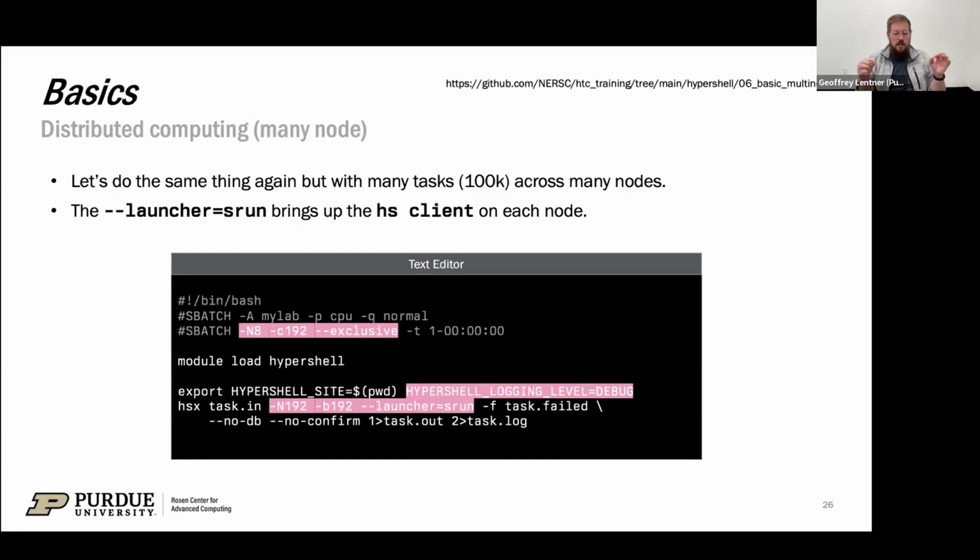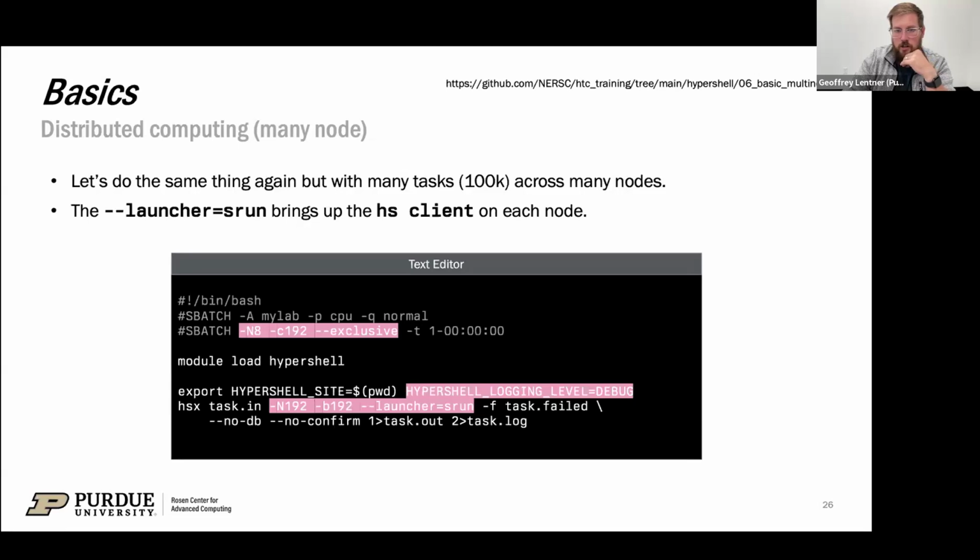In our case, our clients are a world unto themselves, and they don't necessarily communicate back to the server for every event that happens in the system. So what we want to do when we're writing a job script is have one Slurm task per node, so that when we say launcher equals srun, essentially what we're doing is srunning the HS client.